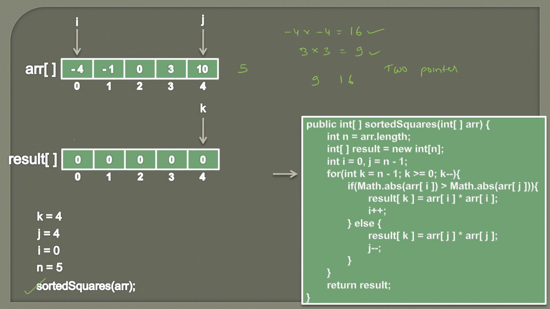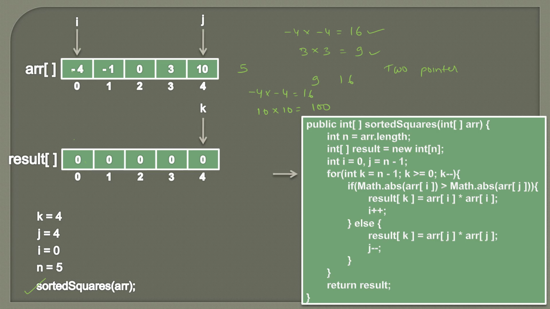Let's say for example we take -4 and 10. -4 into -4 will give 16, 10 into 10 will give 100. If we compare 16 with 100, we are very sure that 100 is greater, and no number in the array will get bigger than 100 because we are comparing the extremities of this array.